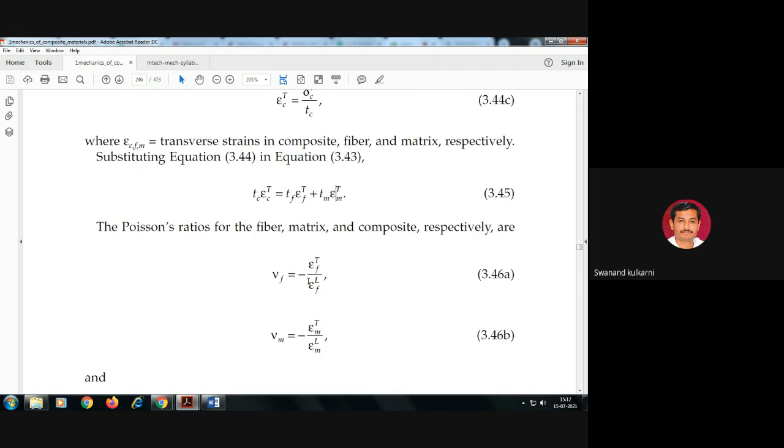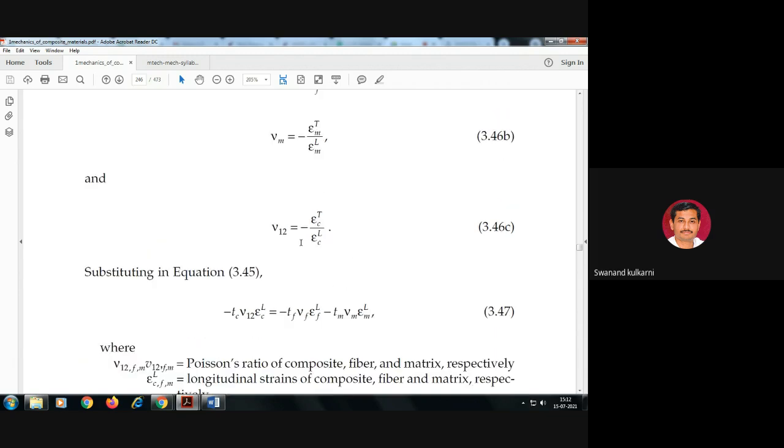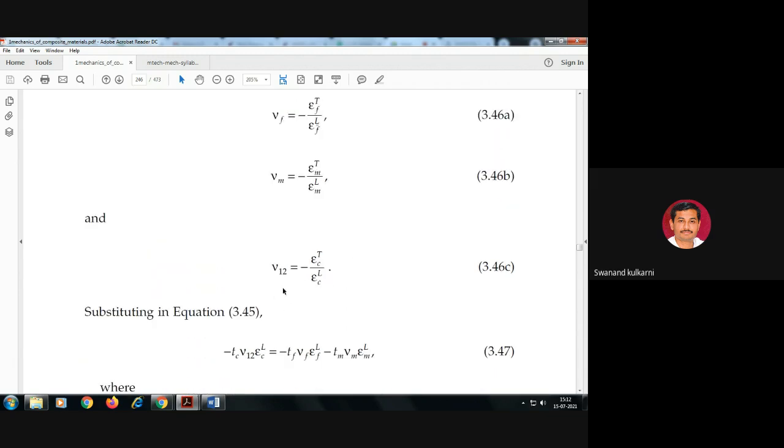Similarly, Poisson's ratio for matrix material. In both cases, we are taking the ratio of strain in the transverse to the longitudinal direction. Then Poisson's ratio is given as the negative ratio of this composite material in the transverse and longitudinal direction.